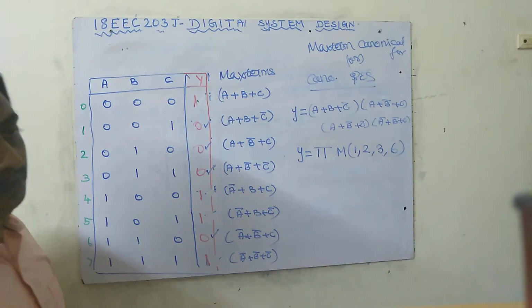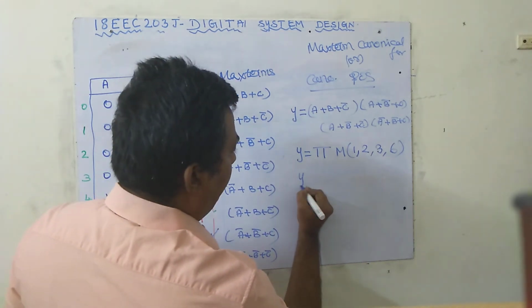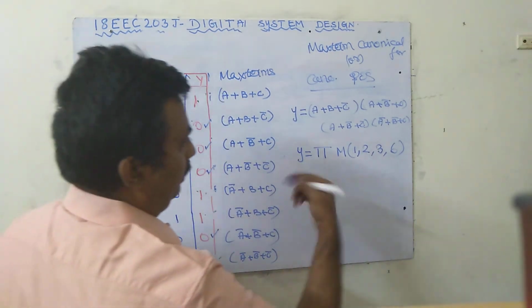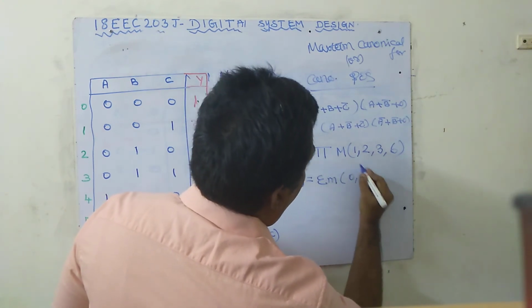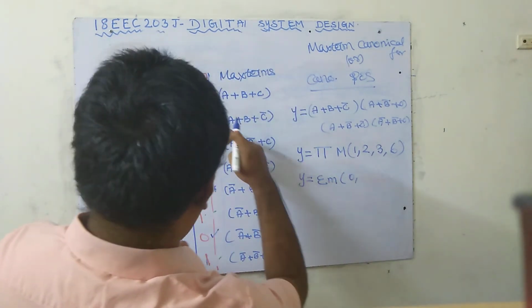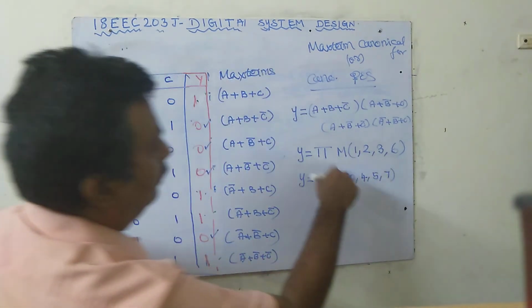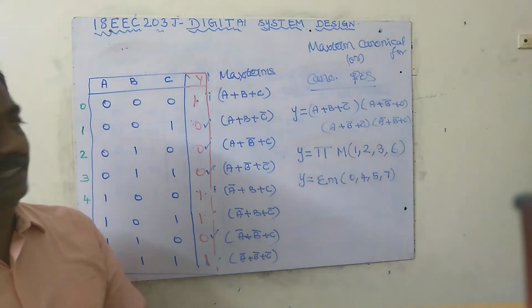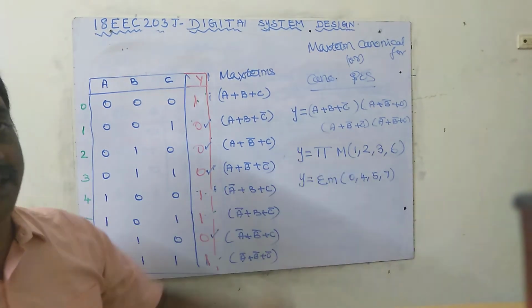This is the max term. The min term is sigma m of 0, 4, 5, 7. Min term and max term are complements of each other. Easily, if you are given the max term, immediately we can write the min term, and if given the min term, easily we can write the max term.